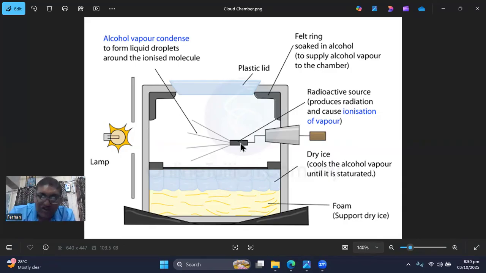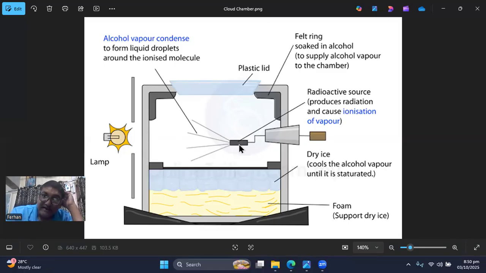Here we have the source of radioactive sample, okay? And on this side, we have a lamp, so the light passes from here. And on the top, we have a glass through which you can see, and you will make the whole room dark. And what will happen? Due to this dry ice, the temperature here will drop, and the water vapors, their temperature will also drop.